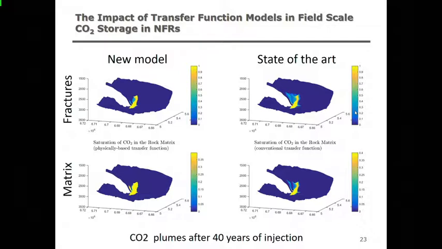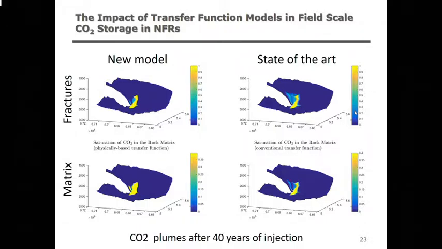Does it really matter? So I'm showing here two different simulation runs. On the left, you see a simulation run with our new model that I will introduce on the next few slides. And to the right, you'll see the state-of-the-art that is used in commercial simulators, for example.